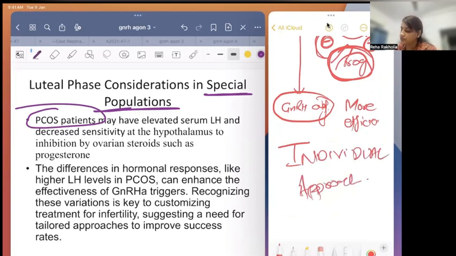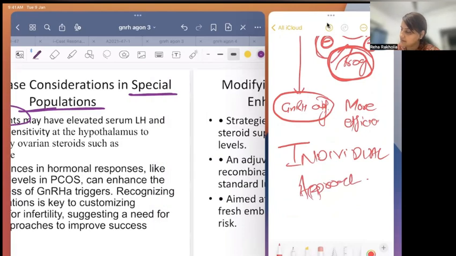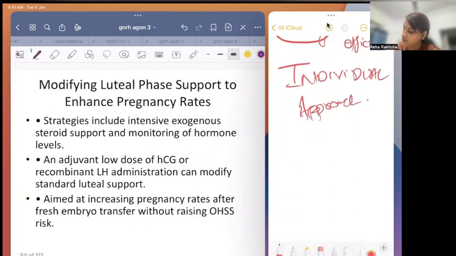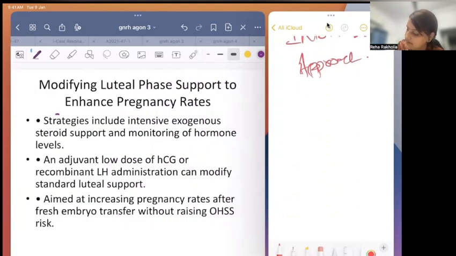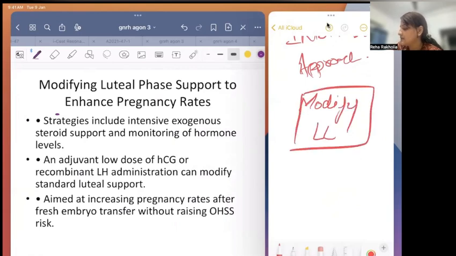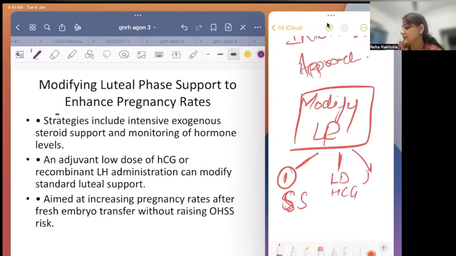Now what is next is modifying luteal phase support to enhance pregnancy rates. There are three ways to modify the luteal phase. First, exogenous steroid support. Second, low dose HCG. Third, recombinant LH.